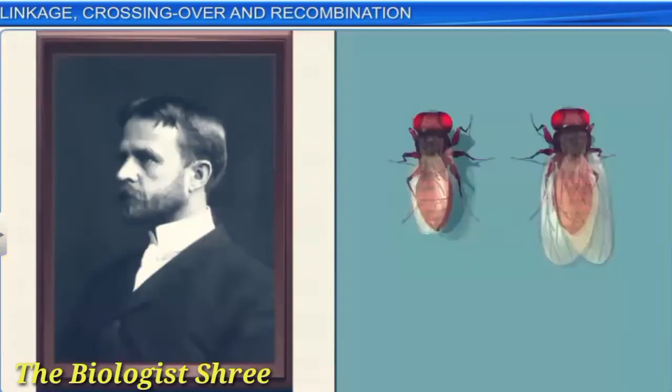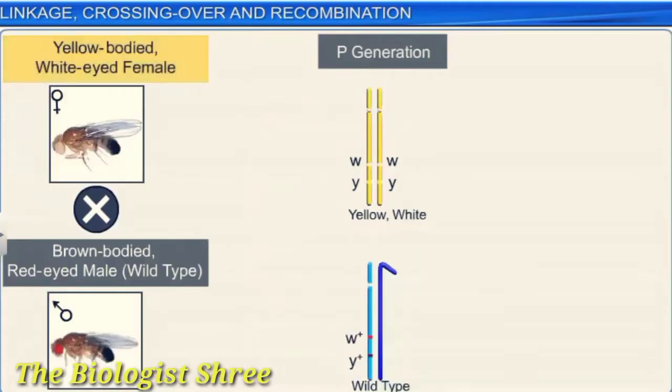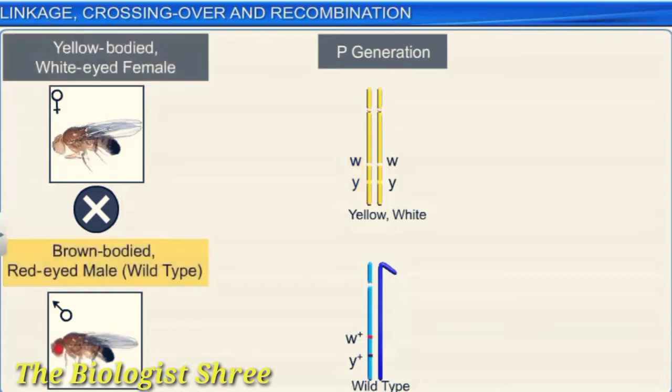Morgan carried out several dihybrid cross experiments with Drosophila to study sex-linked genes. For example, he crossed yellow-bodied, white-eyed females with the genotype y w with brown-bodied, red-eyed males with the genotype y+ w+ to produce the F1 generation.